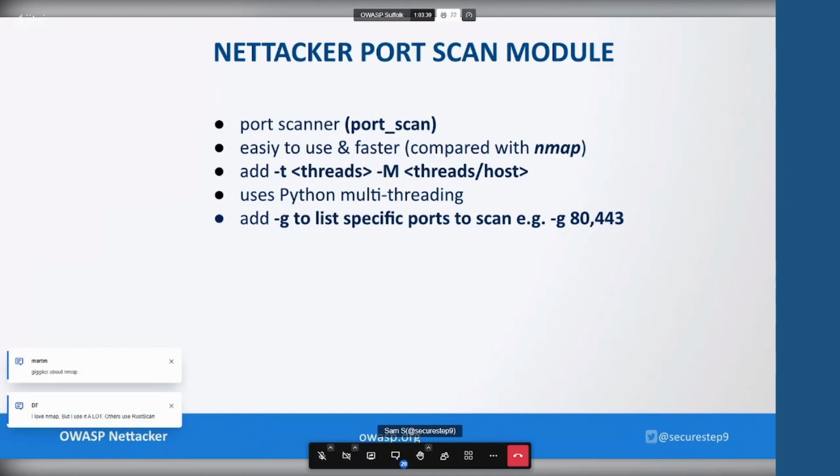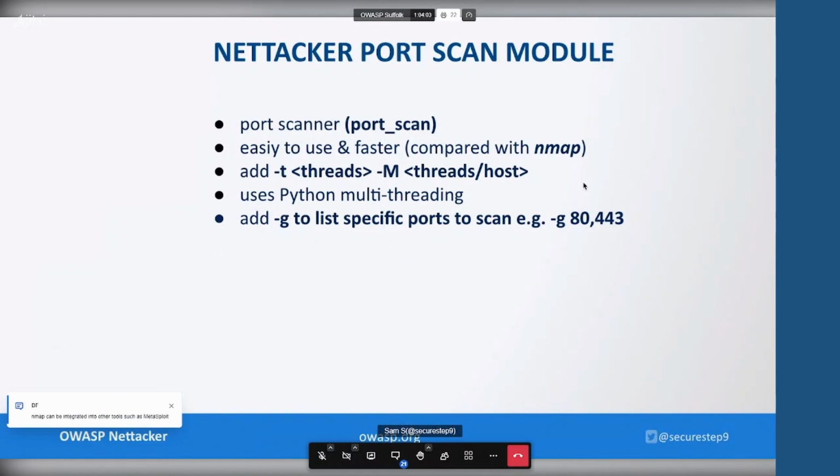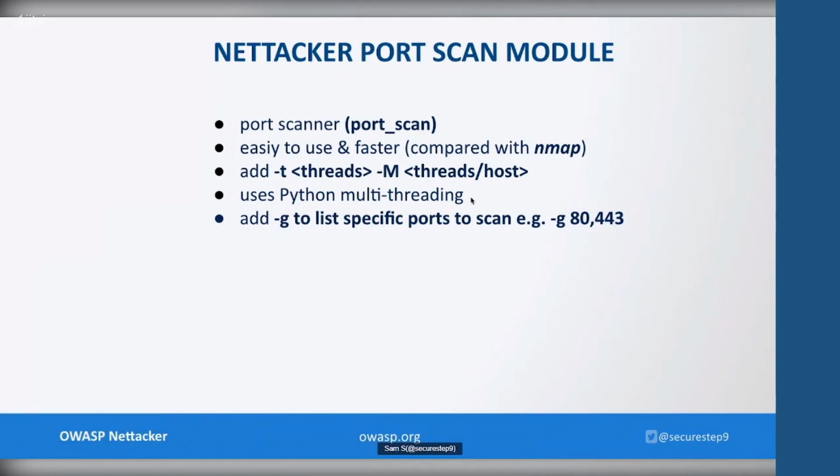It can also be multi-threaded, so you can increase its speed, which is of course a bit of a problem with Nmap, which can completely kill your network. By default, Nettacker is actually quite gentle in terms of how many scanning threads it launches, but it can be controlled, so you can add -t for threads or -m, which is how many threads per host you want, to basically increase the intensity of Nettacker port scans.